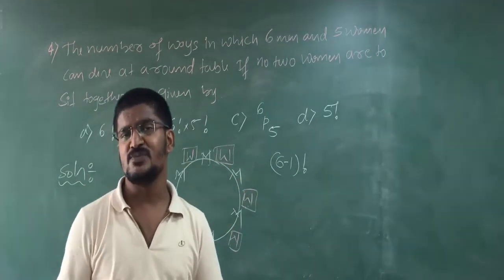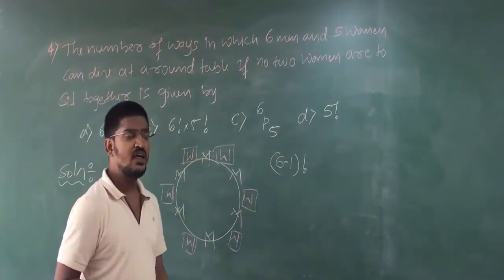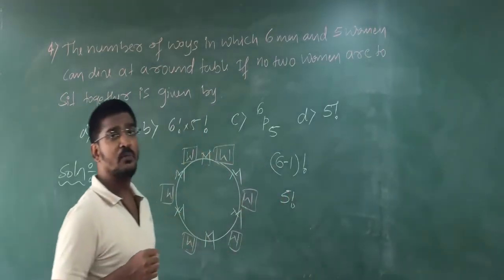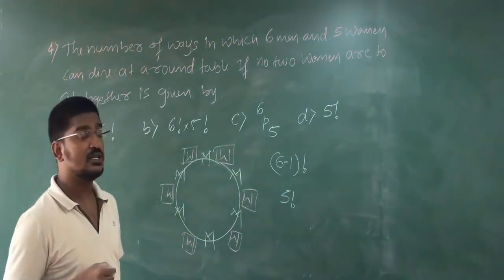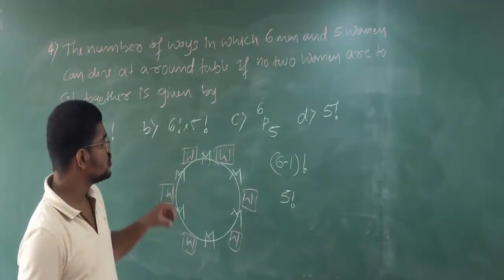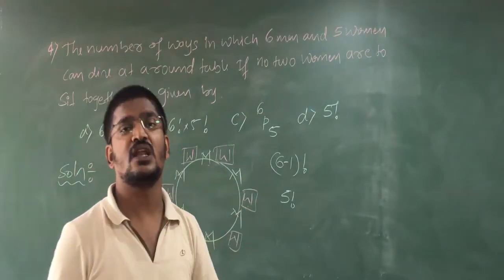So that will be 5 factorial. It is very easy. But the problem is with the women, because you have to make them sit such that they are not together.